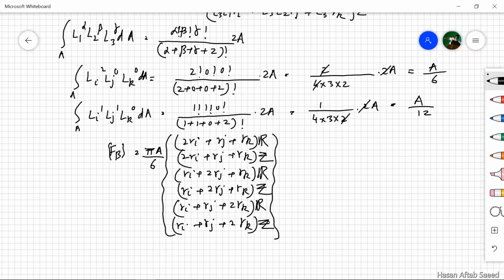So this is your expression for the calculation of body forces if they are applied on your system.